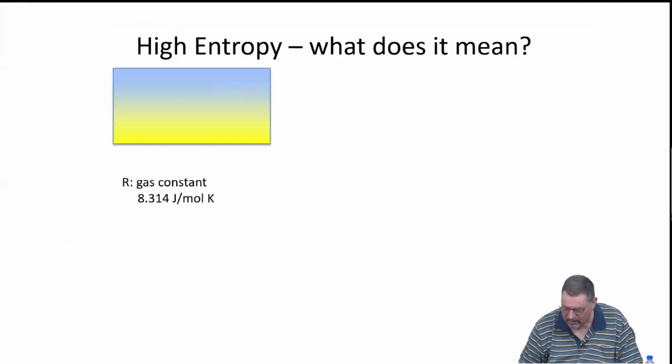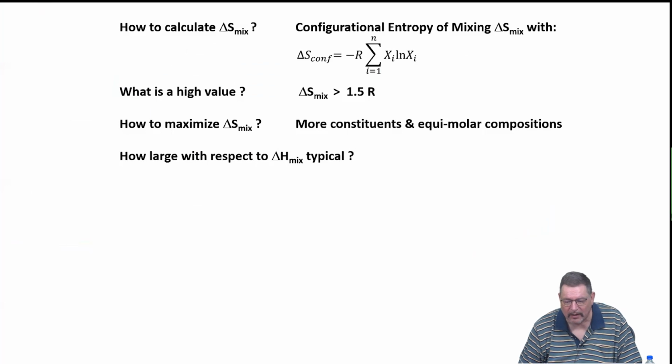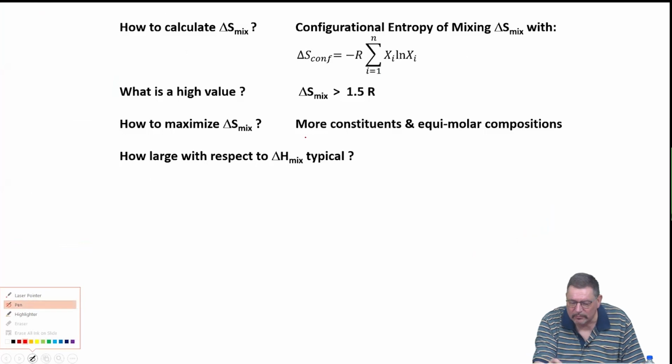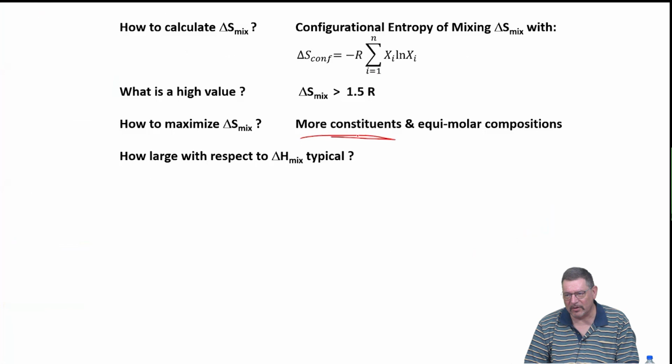Let's go back. So this is just how to maximize this configurational entropy term: more constituents, so 5, 6, 7, 8, 10.